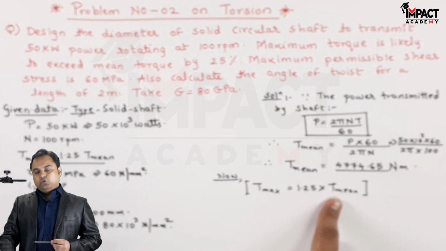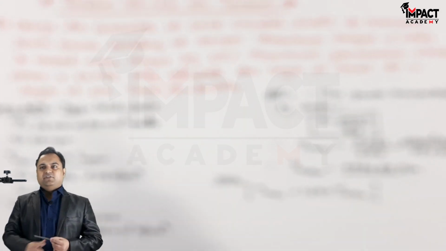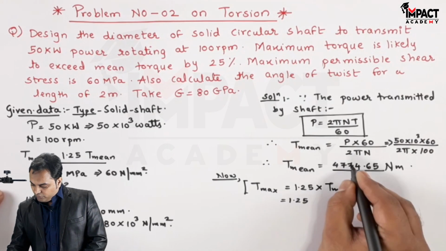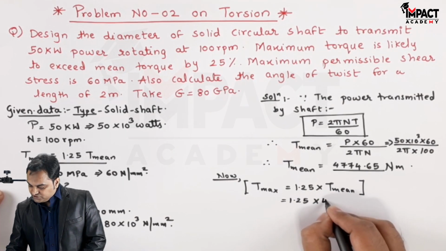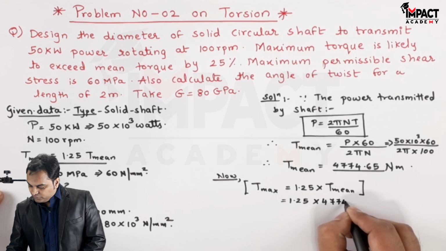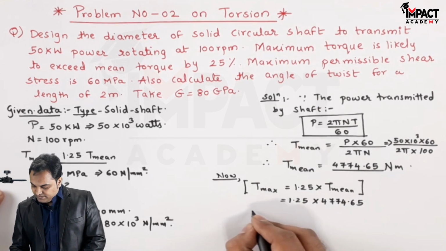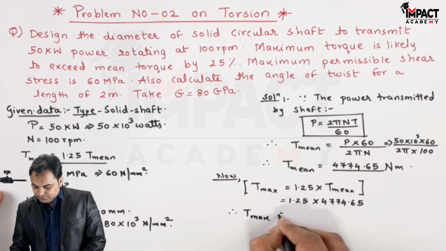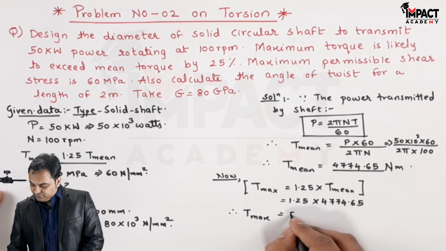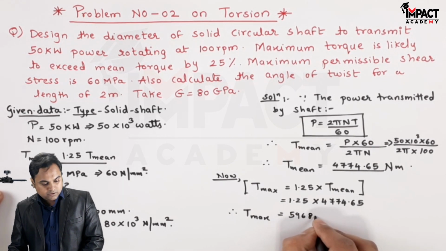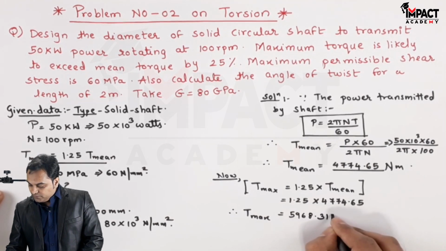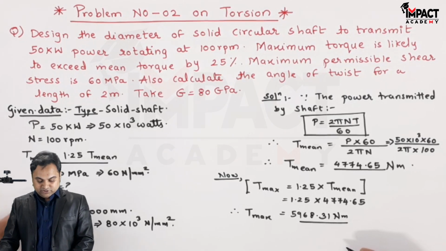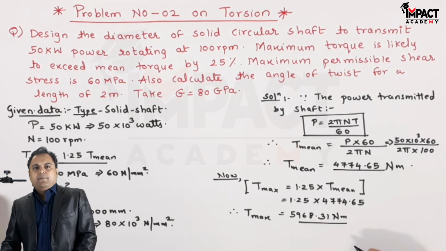So T max is always greater than T mean, so this would be 1.25 times the value of T mean, which is 4774.65, and here T max comes out to be 5968.31 Newton meter.